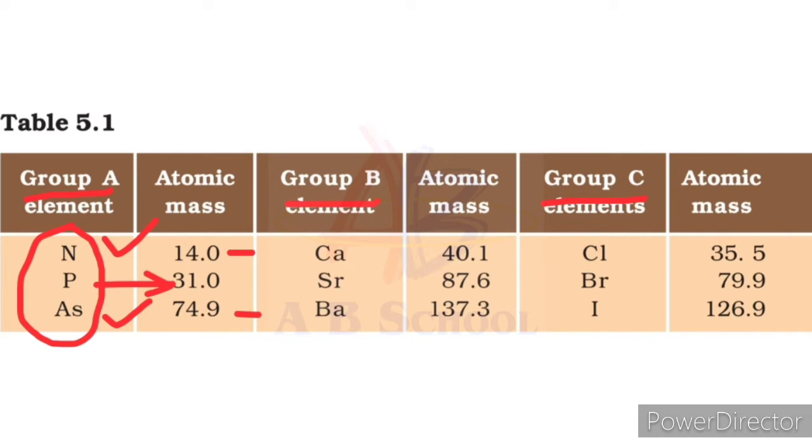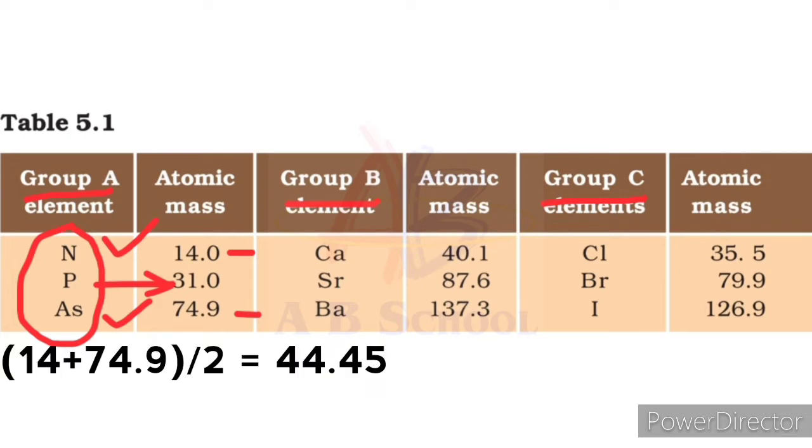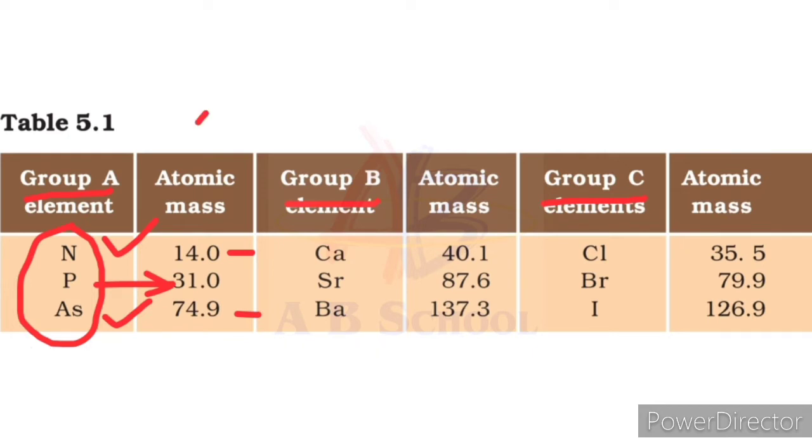For that purpose, we would add up the atomic mass of nitrogen and arsenic. 14 plus 74.9 divided by 2. That would give you 44.45, which is really far away from the atomic mass of phosphorus. What does that mean? That means Group A does not represent a Döbereiner triad.